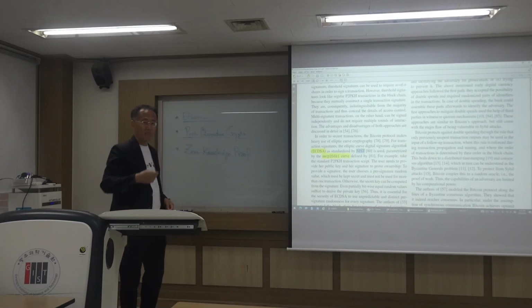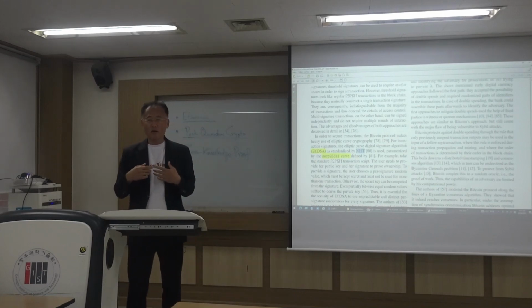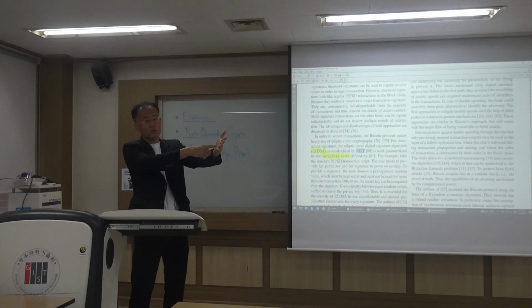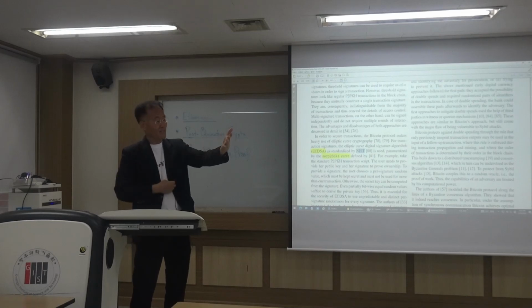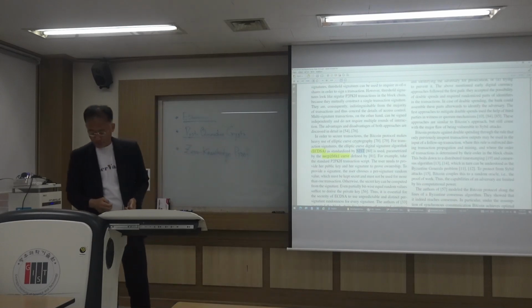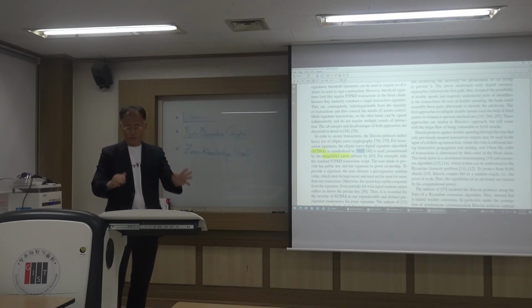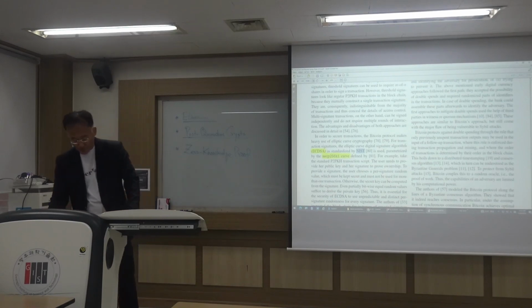Not in real time. Real-time cryptography is like this. There is a server, and here is you. You're trying to get into their server system. Then there could be an interaction between the two. But we cannot have such a situation in blockchain.